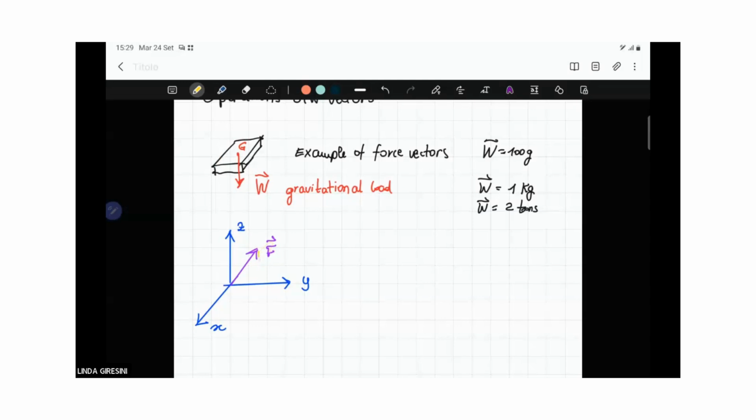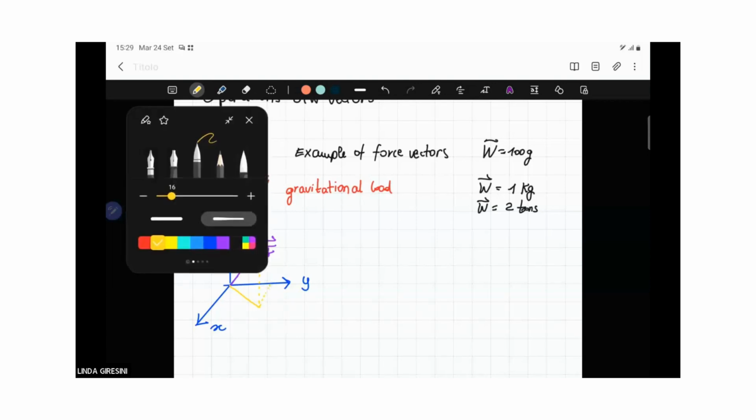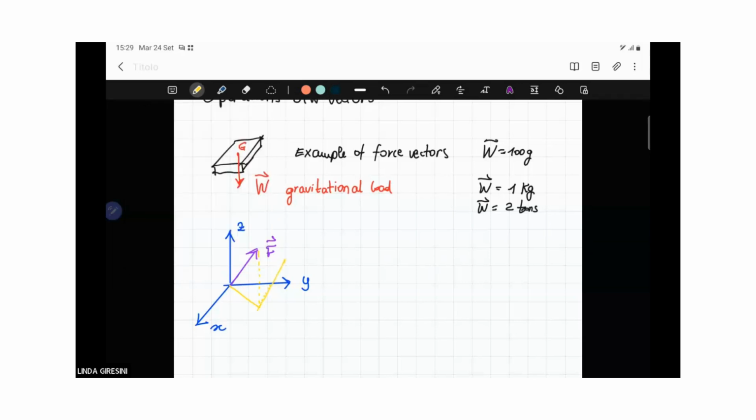So we'll have to project the force itself into the 3 planes. So we'll have, for example, the force here in XY plane, which can be decomposed with parallel lines. So this line is parallel to the x-axis. Okay.